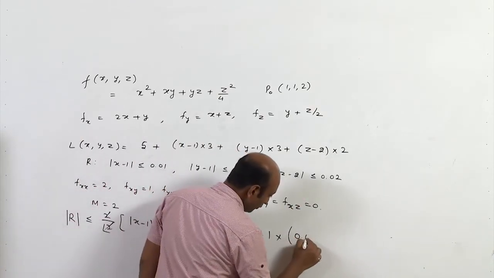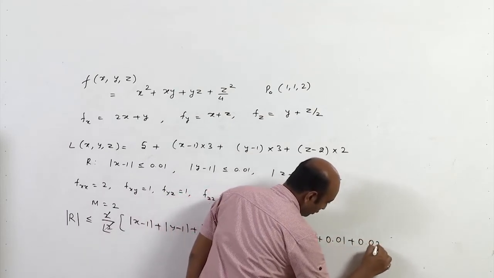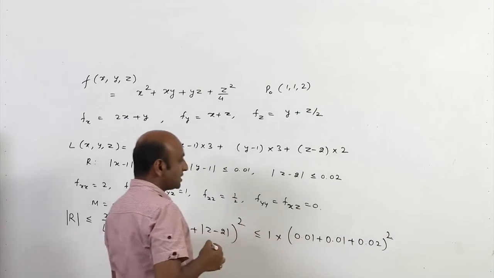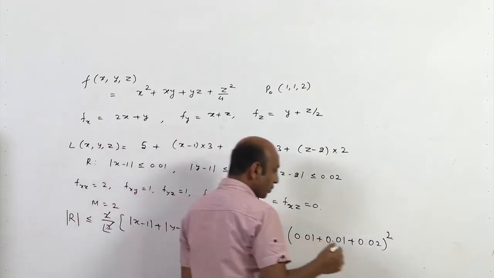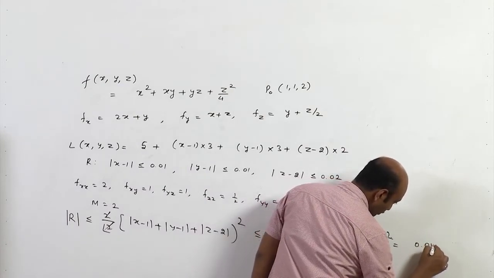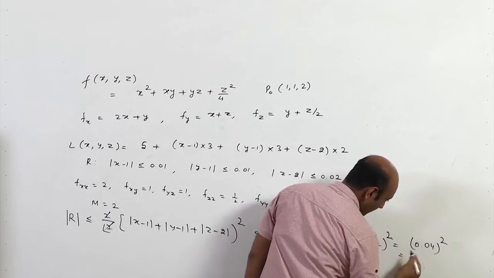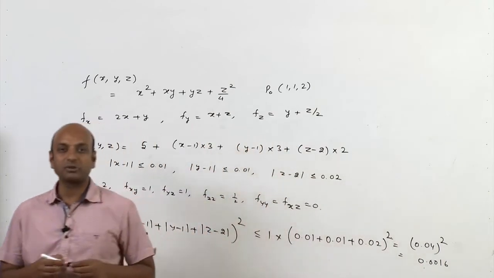So, it is 0.01 plus 0.02 whole square. So, it is 1 plus 1, 2, plus 1 plus 1, that is 4, and 4 square is 16, so that will be the error of approximation.